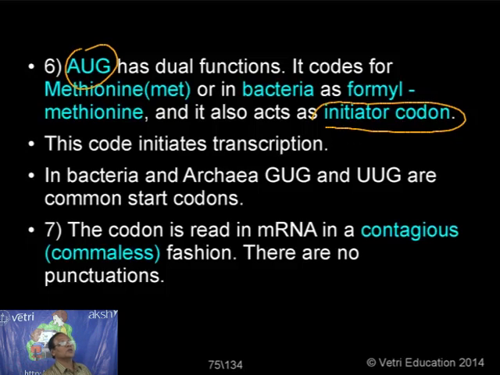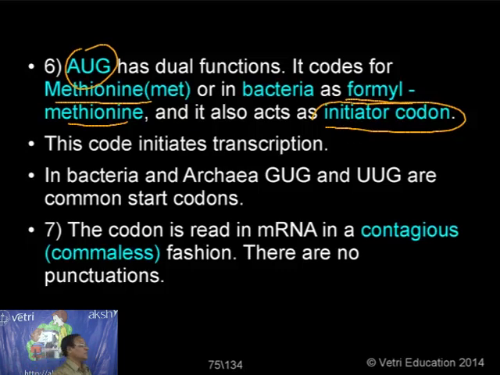But it also specifies an amino acid, namely methionine, or formyl methionine in the case of bacteria. So it has a dual function, coding for methionine or formyl methionine in bacteria, as well as acting as the starting point for the process, hence called the initiator codon. This is the codon which begins or initiates the process.